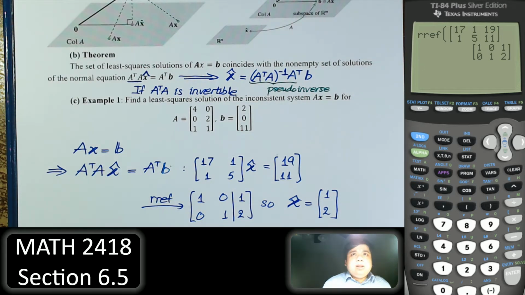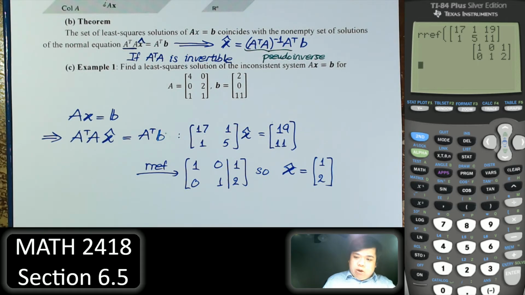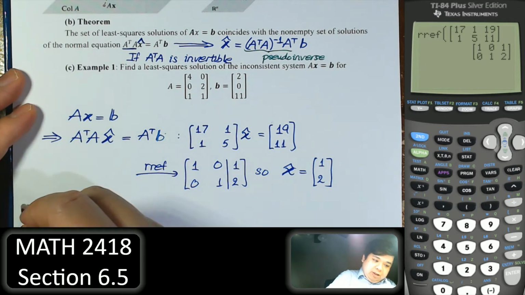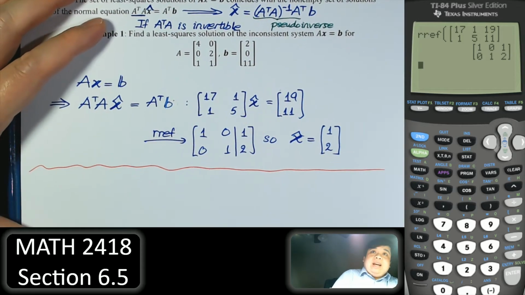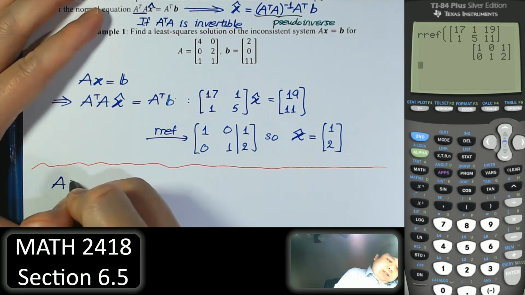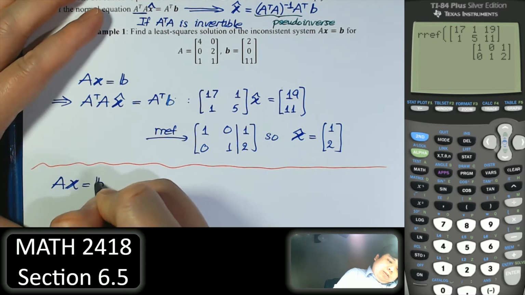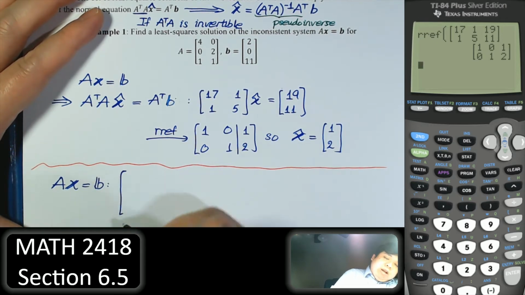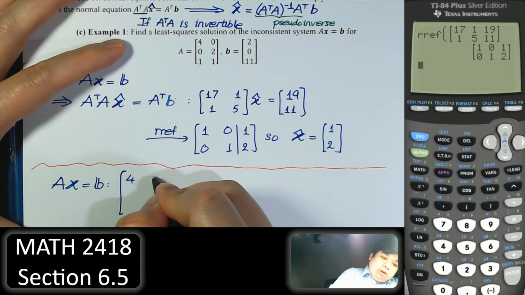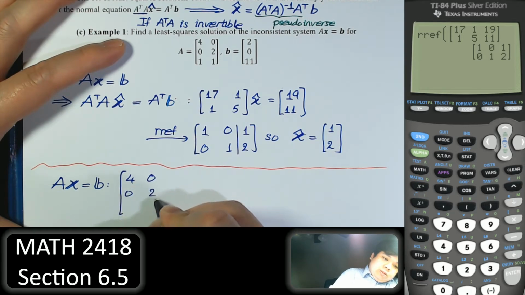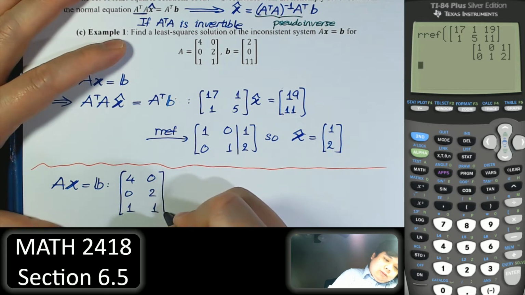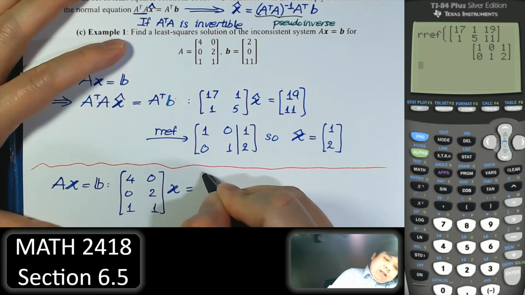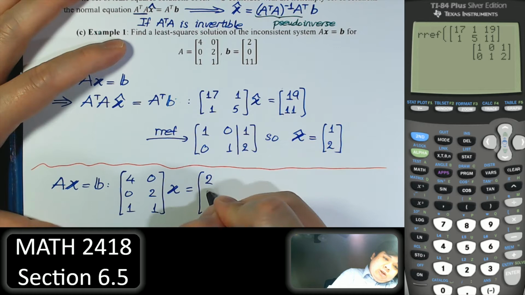Now let's compare this to the other solution. If we solve the equation Ax equal to B, what do we have? For this system we have the augmented matrix 4 0 0 2 times x equal to B, 2 0 and 11.